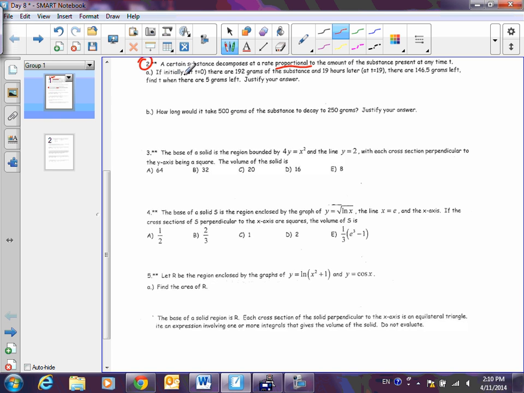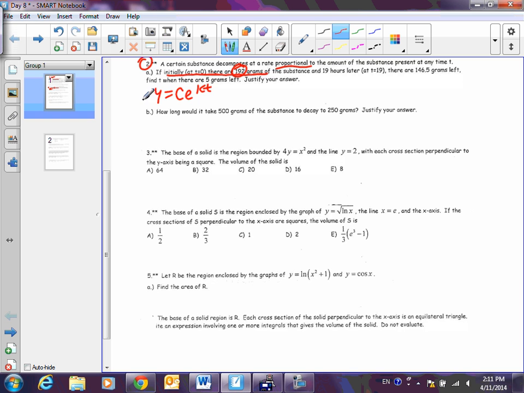So on this problem it says, if initially at t equals 0 there are 192 grams of the substance, and we have this formula, y equals ce to the power of kt, what is 192? Which of these does 192 represent?